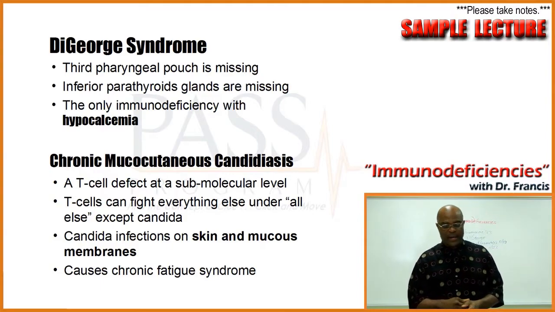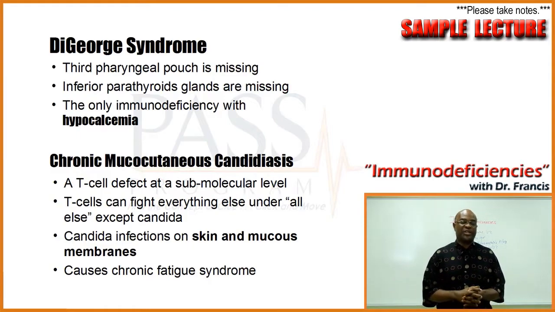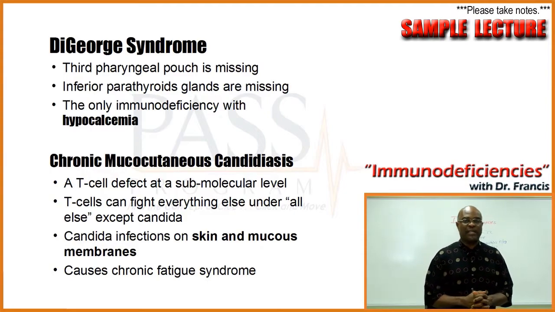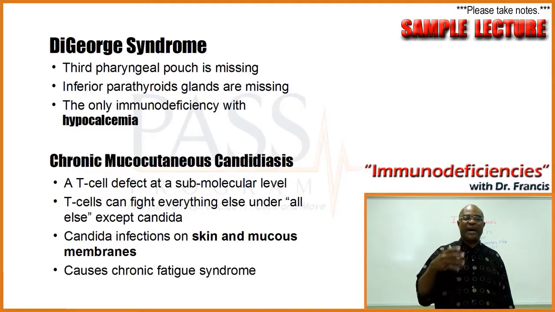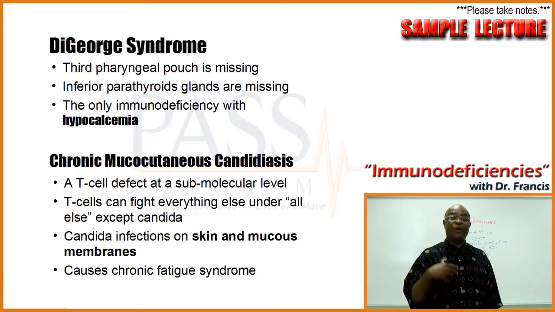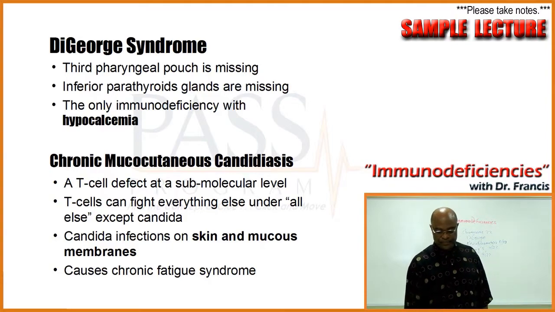So they have Candida on their skin and mucosal membranes, and they typically get chronic fatigue syndrome. Why are they chronically fatigued? Because remember, fungus requires sugar. The fungus on their body eats up the sugar in their body, and the hypoglycemia causes the chronic fatigue syndrome.